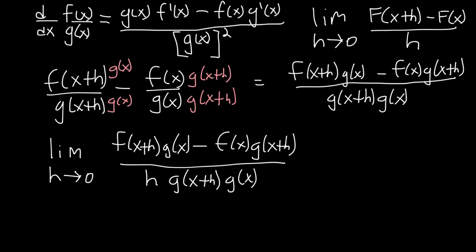So we have to ask ourselves, how can we use the fact that we know f of x is differentiable, we know g of x is differentiable, how can we use that in the limit we have here? Now the trick is going to be to add and subtract f of x g of x from the numerator.